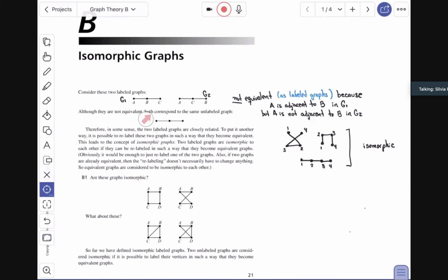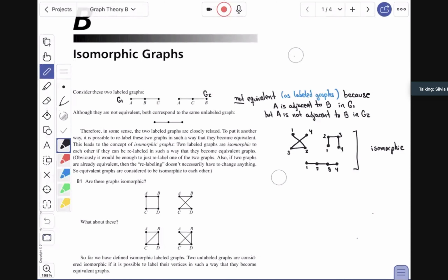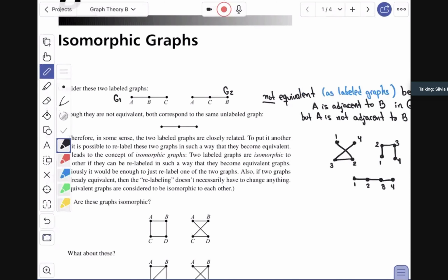But if you want to show that they are equivalent, you just relabel one of them to match the other, right? And to me, sometimes it is easier to say, let me just use different labels so I don't get confused, 1, 2, 3 instead of A, B, C. But in reality, I could just scratch these ones and decide what's going to be A, B, and C, and leave the others as they were.